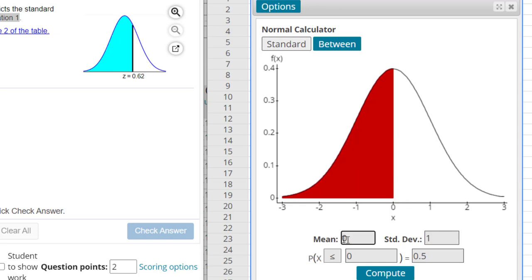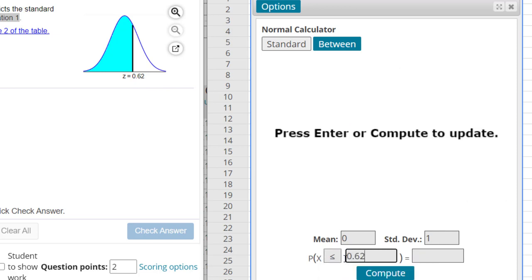The mean tells the graph where the center of the normal distribution is, and the standard deviation is how spread out the peak is around the center. And then what we want is values less than 0.62. So x less than, we already have less than picked, and then we want to do 0.62.